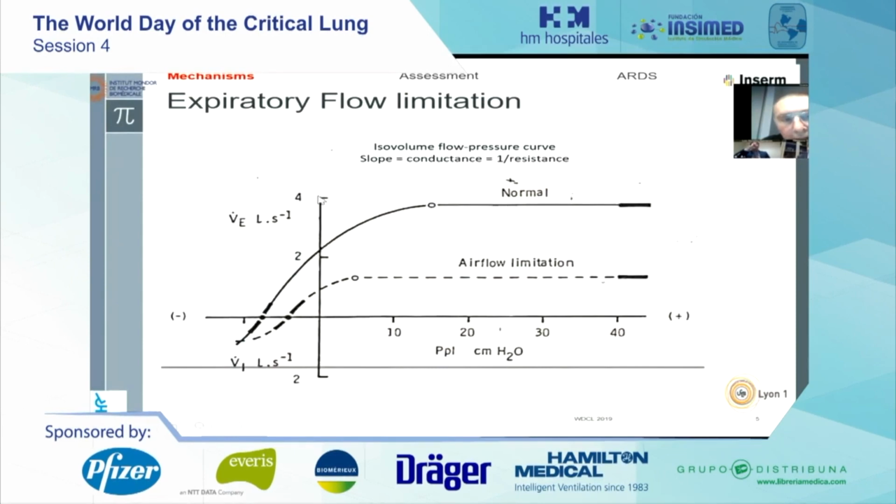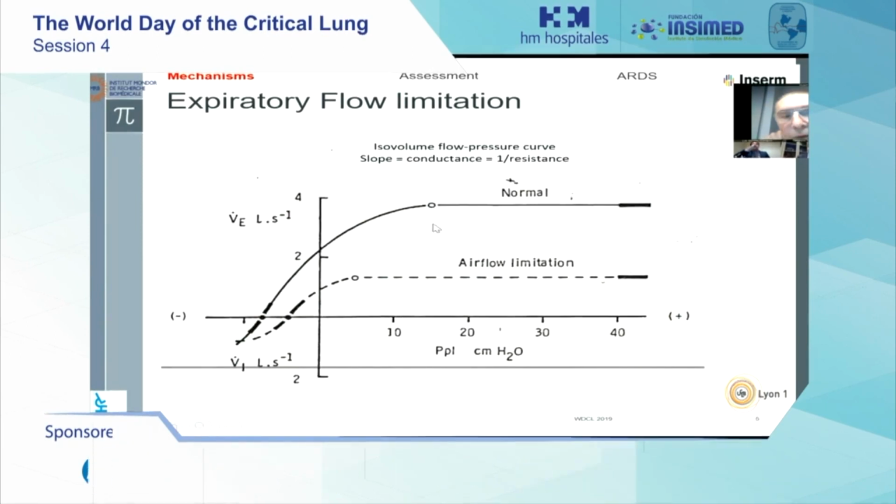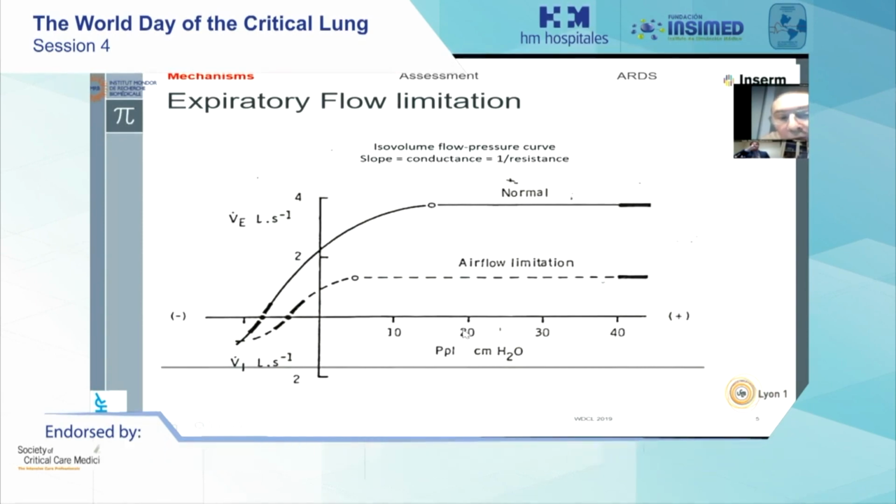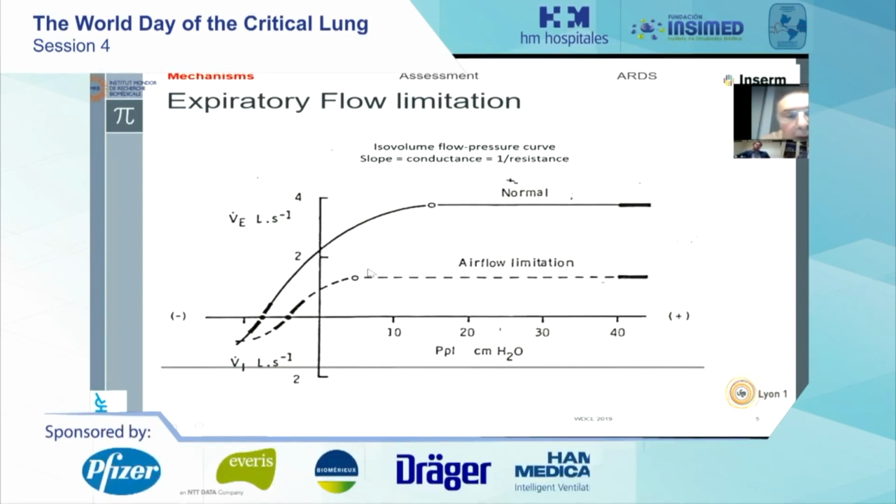And you have here the expiratory flow against the pleural pressure, or the transpulmonary pressure, if you will, in a normal subject and in a patient with a flow limitation. And you see that in normal patients, you have some airflow limitation. That means that at some value of pleural pressure, there is no longer increase in expiratory flow with a further increase in pressure. But in patients with a flow limitation, like COPD patients, you see that this plateau appears much earlier at lower pressure.